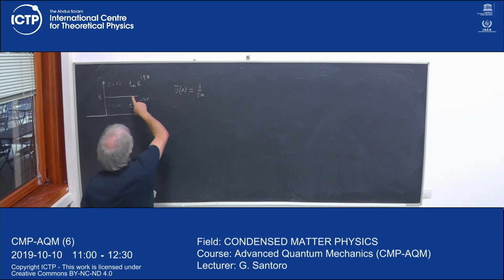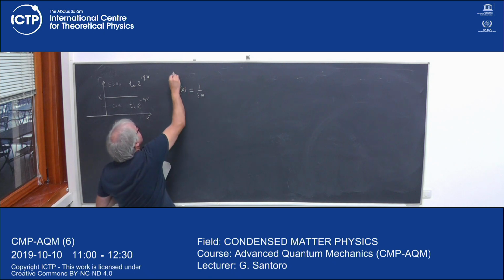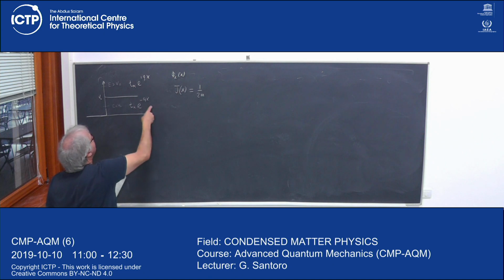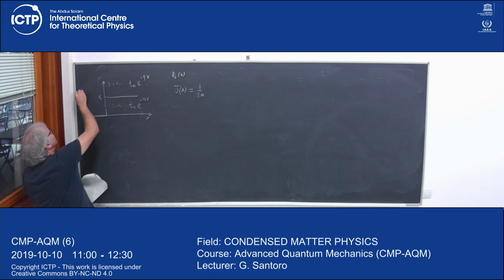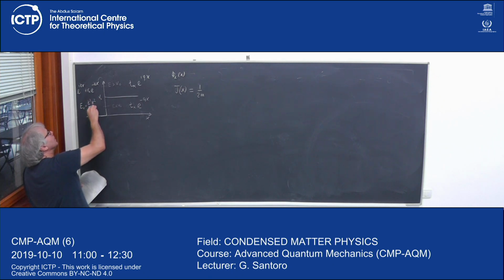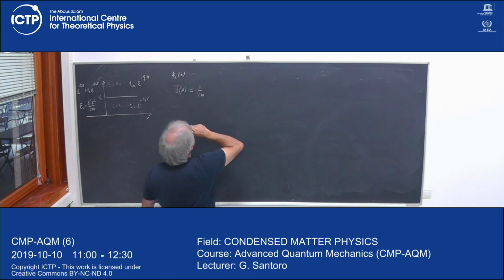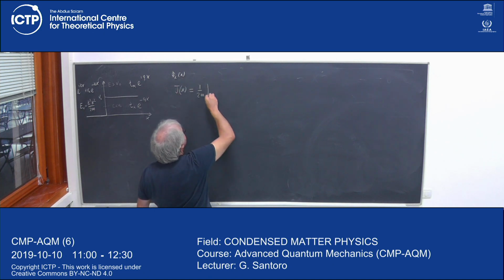So the current density of a wave function, we are calling it phi_k of x, where to the right I have this, and to the left I have e to the ikx plus r_k e to the minus ikx. And remember that k is related to the energy in the usual way. Good. So let's calculate for this the associated current.